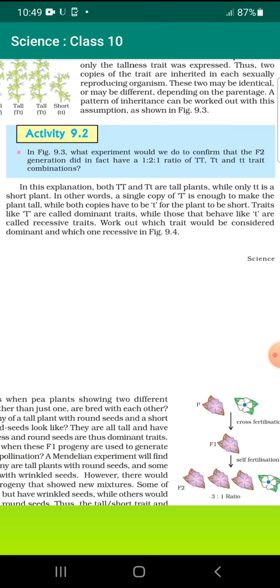Traits like T are called dominant traits, while those that behave like t are called recessive traits. Work out which trait will be considered dominant and which one recessive in figure 9.4.